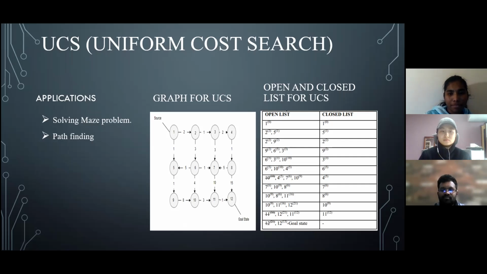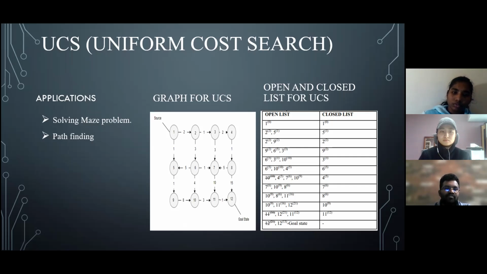Nodes already in the queue at a higher cost can be removed. UCS is applicable when the space requirement is small and when intelligence or an evaluation function is not required.